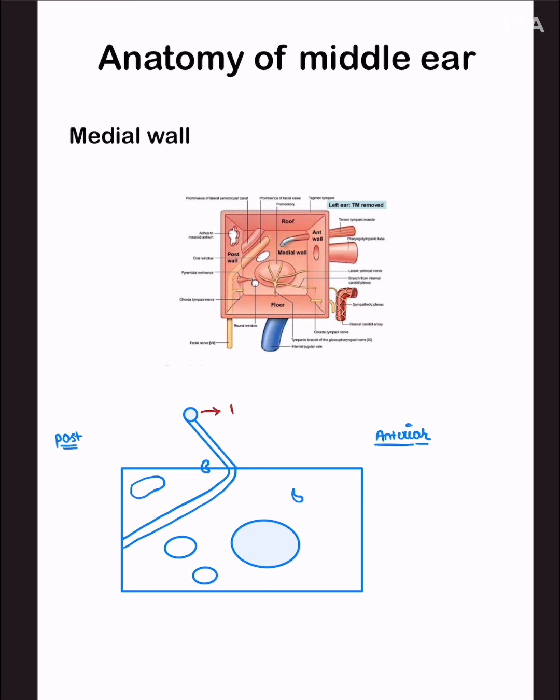This is the internal acoustic meatus. From here comes the facial nerve. This turn of the facial nerve is known as genu, and the ganglion here is known as geniculate ganglion.